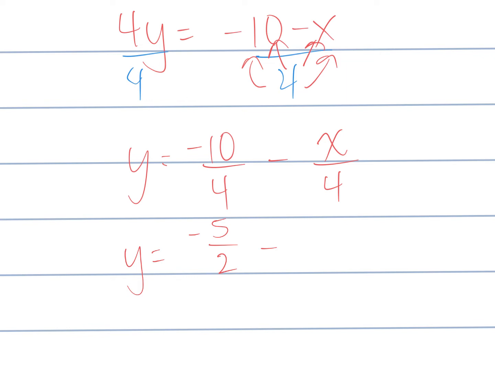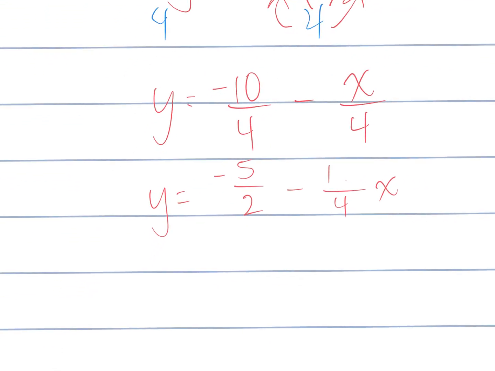Karen? Yes, negative 1x over 4. And even better, we're going to write it as negative 1/4 and bring the x on the outside. Because remember, multiplying by a negative 1/4 is the same as dividing by a negative 4. So we have not changed our equation at all. Okay, we've just simplified it.